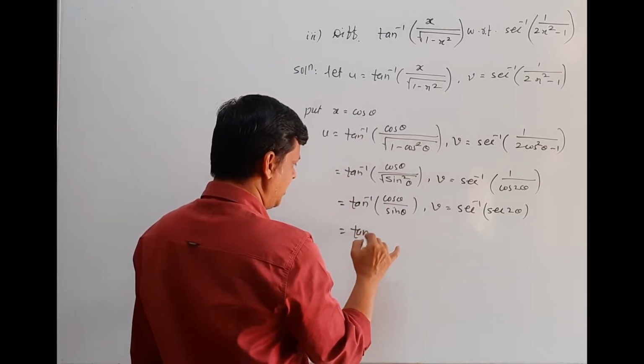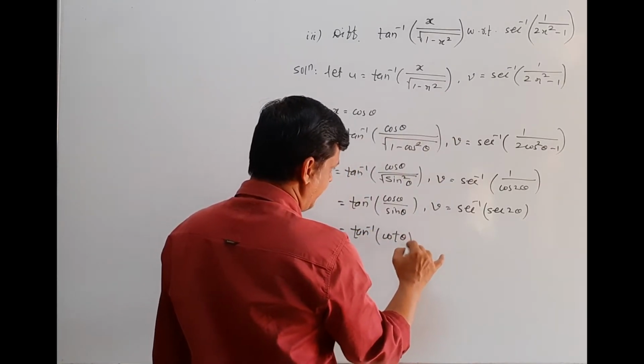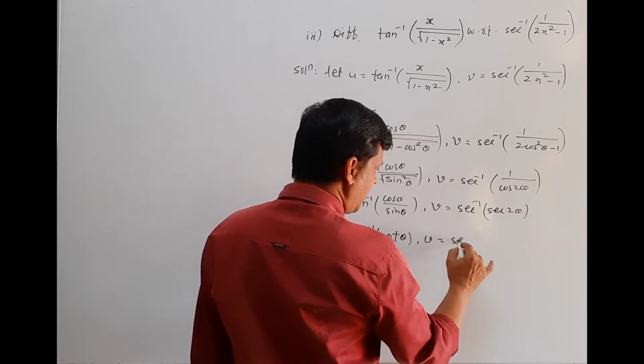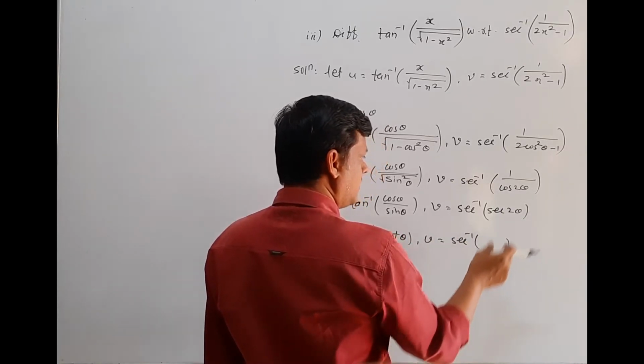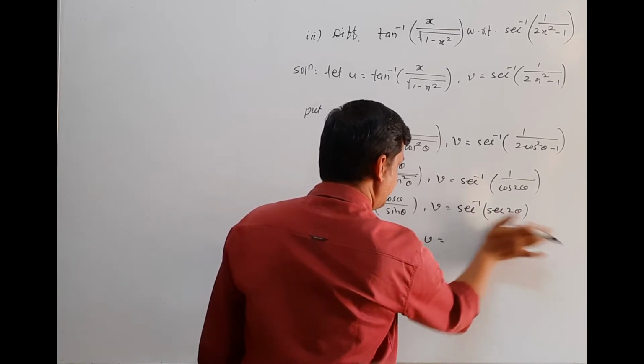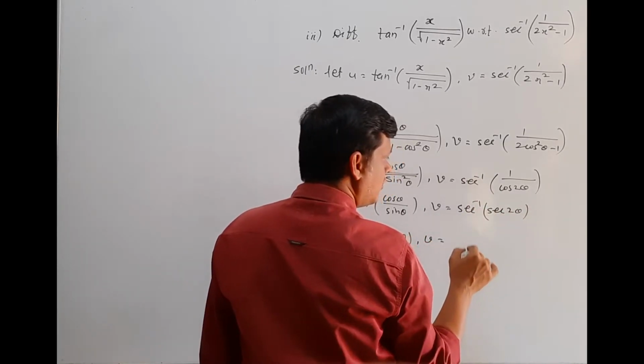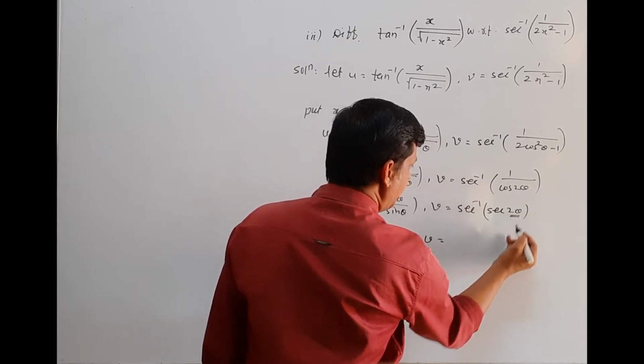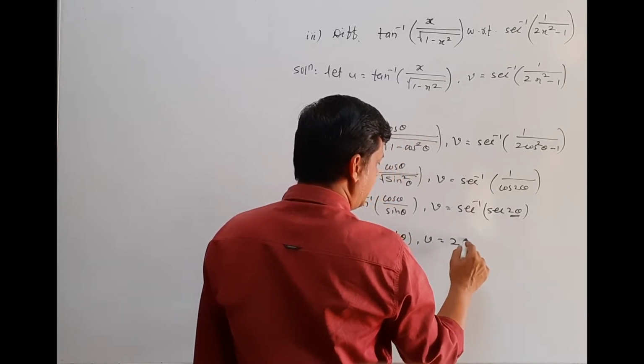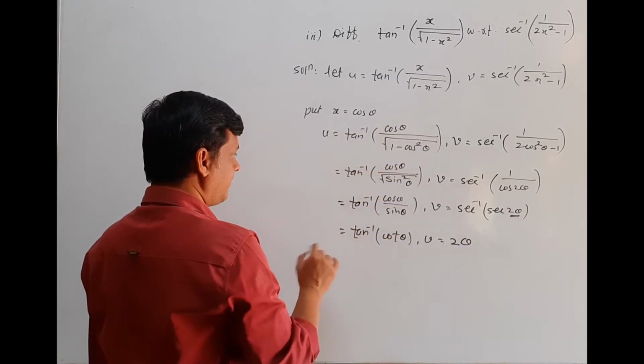So here u is tan inverse of cot theta, and v is sec inverse of sec 2 theta. Directly, sec inverse of sec 2 theta is equal to 2 theta. So we write v is equal to 2 theta.